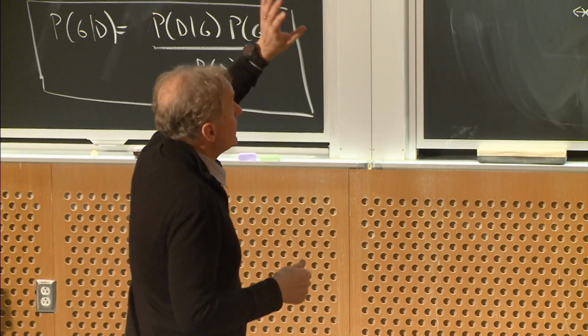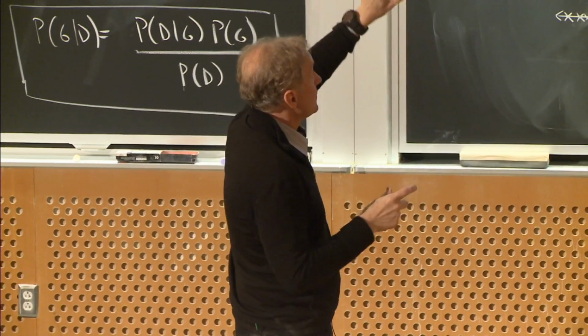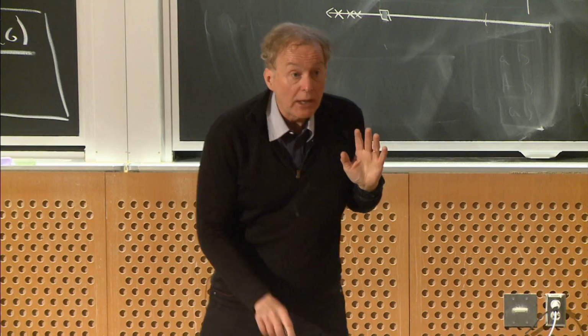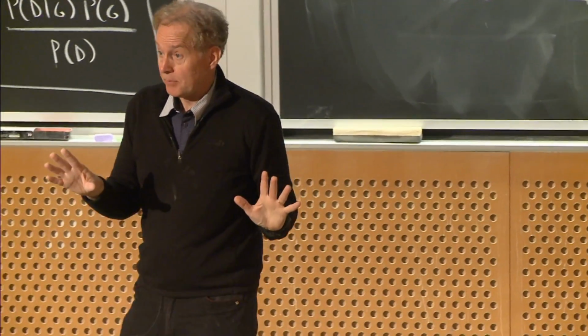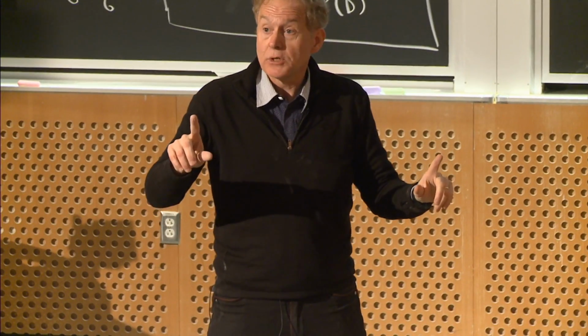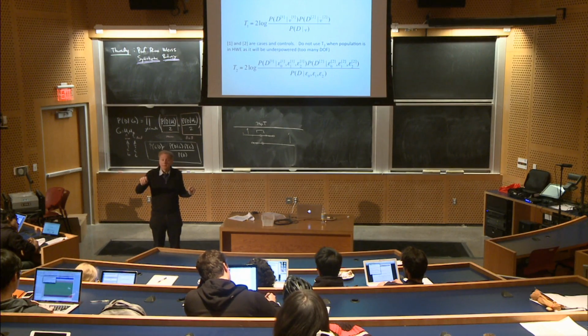We then can take the cases and the controls and test for associations using this likelihood ratio. Okay? So that is the way to go at the question of SNPs. And I'll pause here and see if there are any other questions about this.